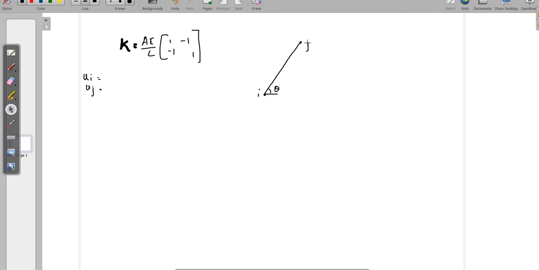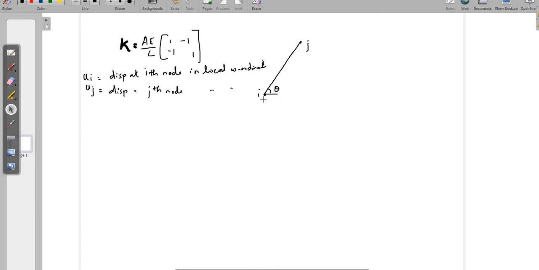This is the local coordinate system. ui is the displacement at the ith node in the local coordinate system, whereas uj is the displacement at the jth node in the same local coordinate system.